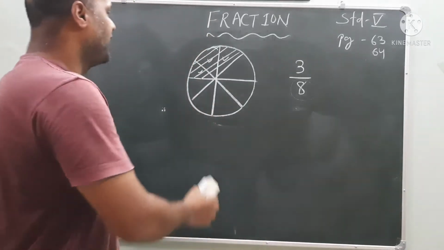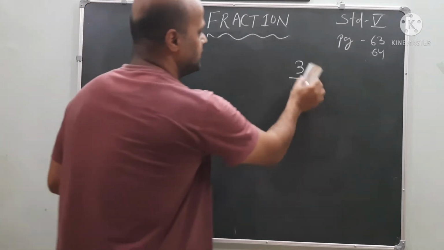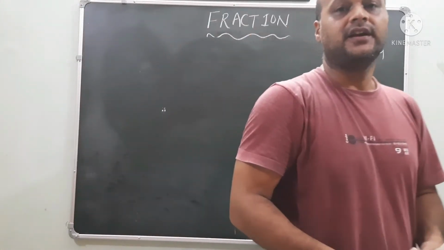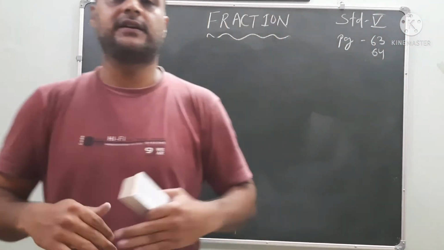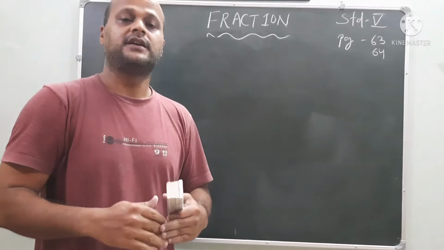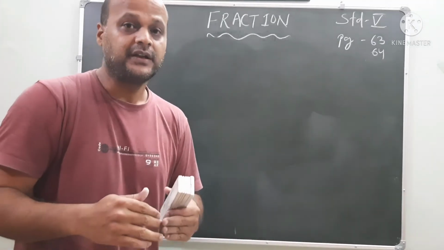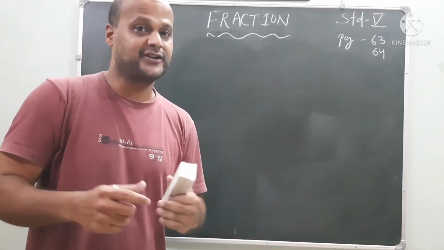Let's go to another important point of fraction. Now we have studied what a fraction is, what the parts of a fraction are, and how we will draw a fraction in pictorial manner. Now come to how many types of fractions there are. You know it already.